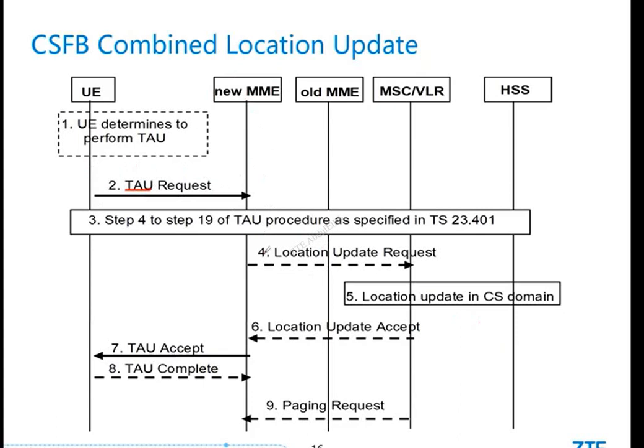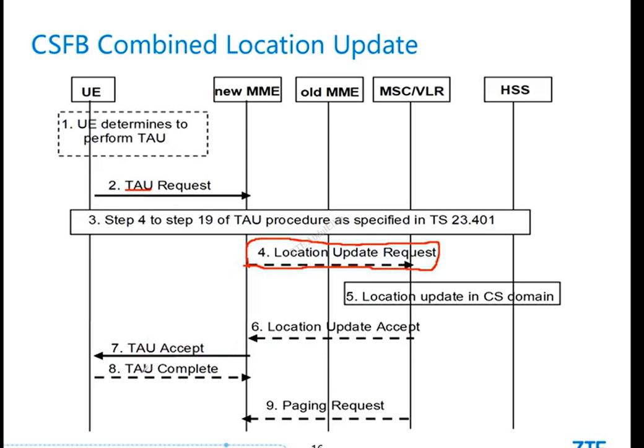After that, the new MME will send a location update request to the MSC VLR. So this procedure realizes the combined location update. After that, the MSC and the VLR feed back the location update accept to the new MME, and then the new MME feeds back the TAU accept.